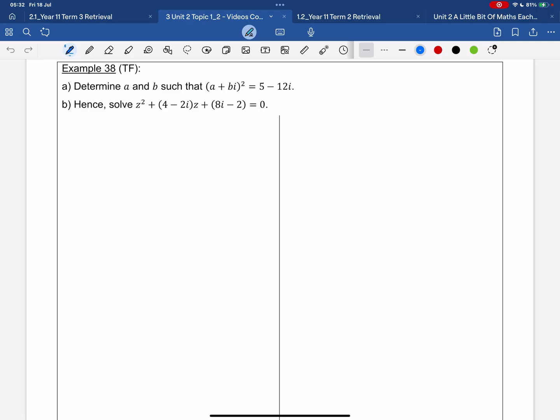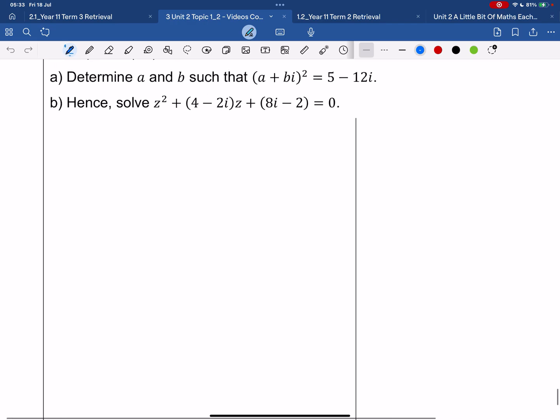So this is quite a complicated looking quadratic. In fact, my coefficient of z is complex and my constant term is complex. So we're going to have to use a few of the tools that are in our toolbox to be able to solve this quadratic. We do notice that it's in the form ax squared plus bx plus c, so it is definitely a quadratic.